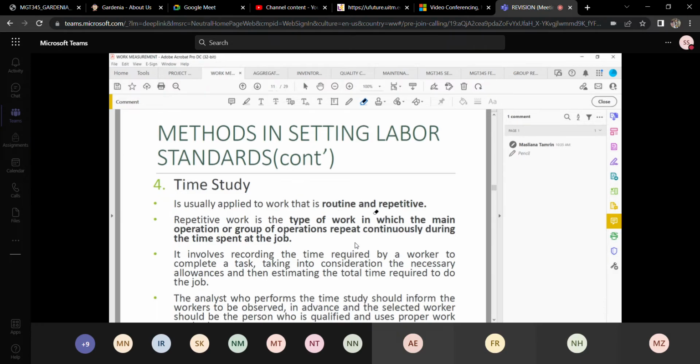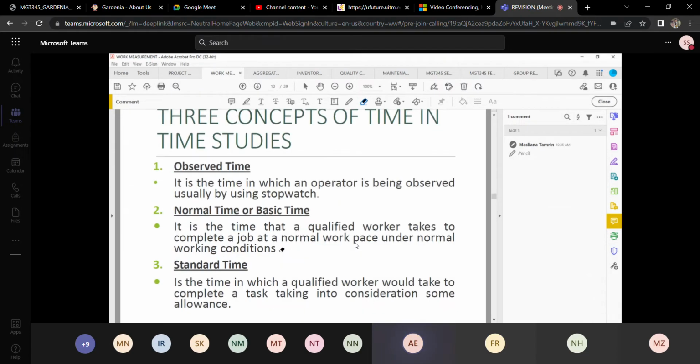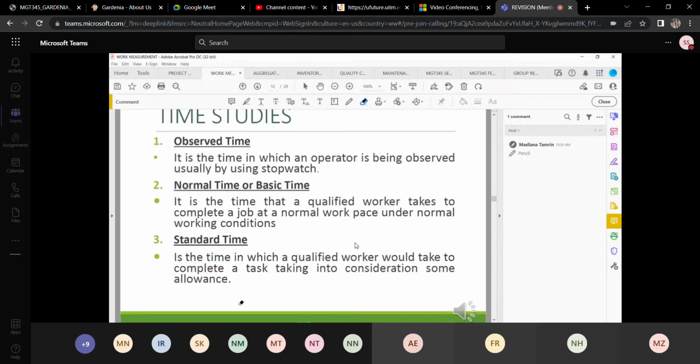Benda yang berulang, yang sama, berulang kali you buat. That is the time study. The 3 concepts in the time studies consist of the observed time, normal time, also known as the basic time, and the standard time. For standard time, usually we take into consideration the allowances.